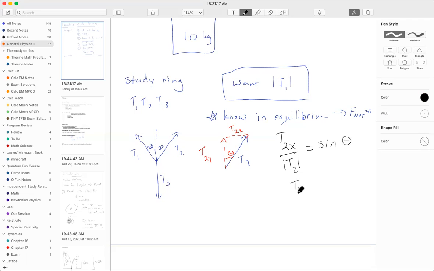So therefore T2x equals T2 sine theta. And similarly, I work out that T2y equals T2 cosine theta. All right, so that's how I analyze the components of T2.